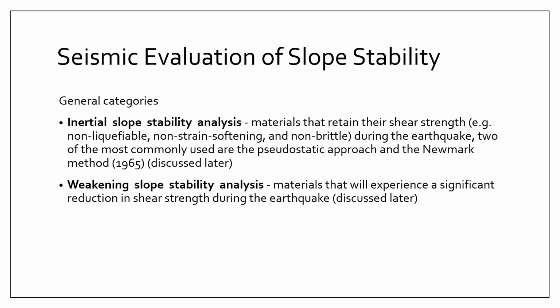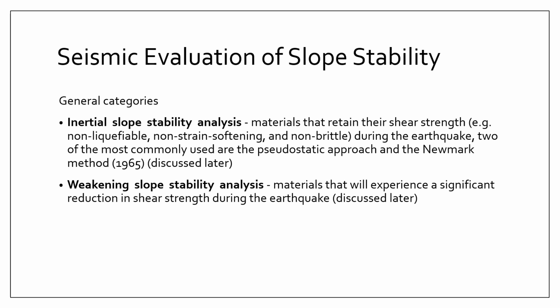So what happens here is we treat the process as a static process. Okay, so we simplify the dynamic earthquake stresses as a static load or a dead load. Okay, so we try to convert that shaking into an equivalent dead load.